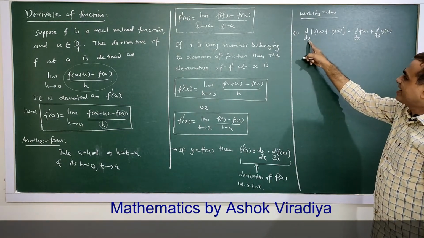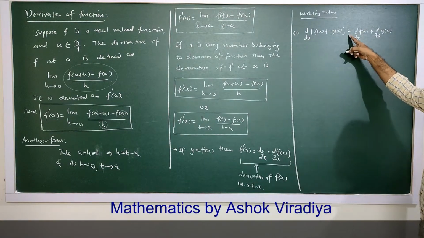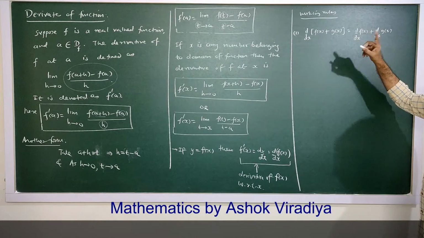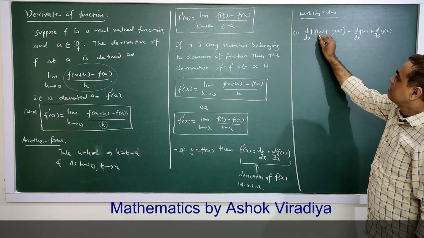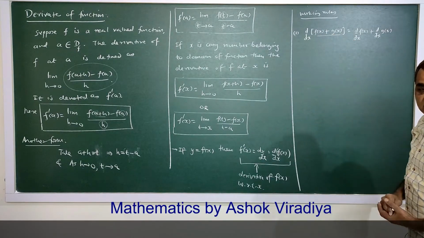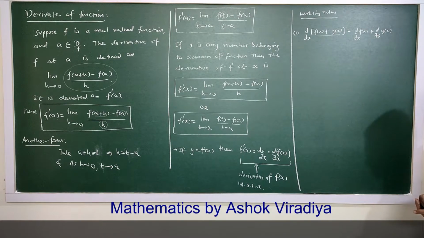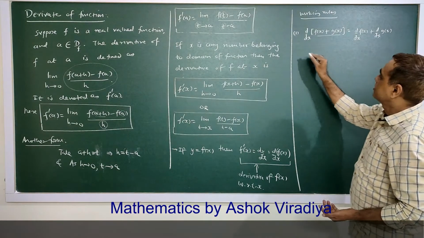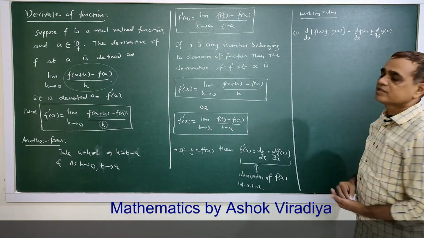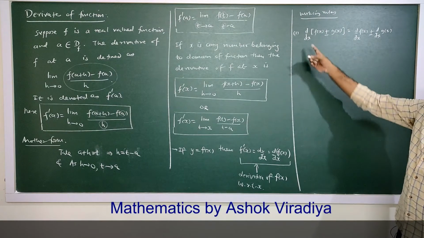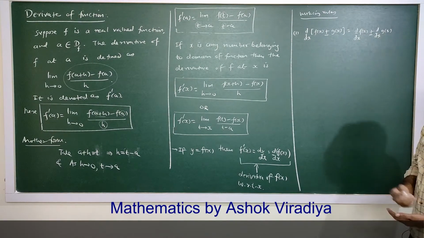The derivative of a sum of two functions is equal to the sum of their individual derivatives, or if you put here difference, then put here difference. Derivative of difference is equal to difference of their individual derivatives.